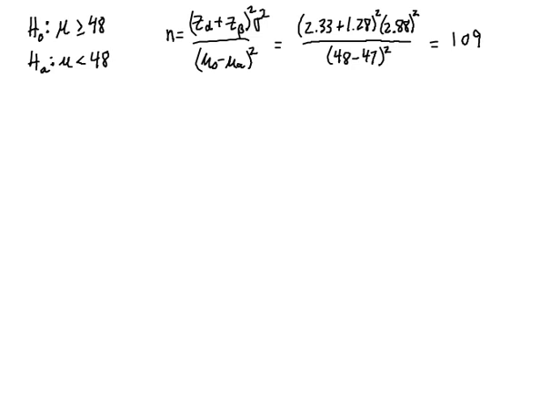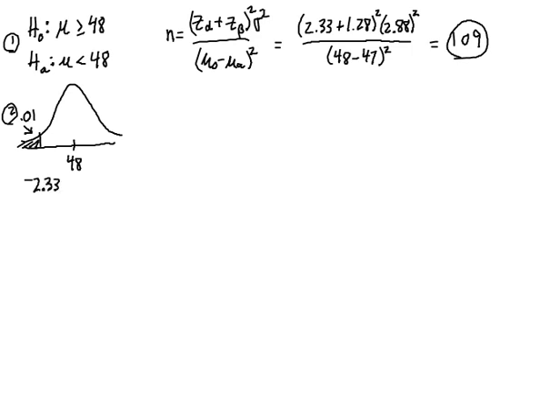Okay, that's going to help me get a decision statement, and I will build that by first of all looking at the sampling distribution. And of course, with the hypothesis test, this is a lower tail test. Our alpha is 0.01, so our Z value is negative 2.33.